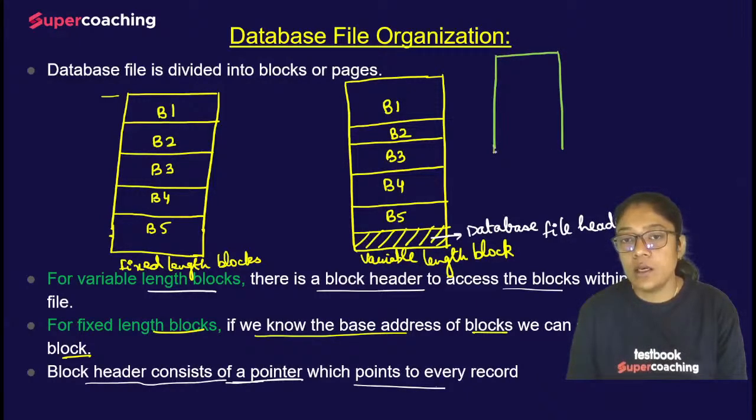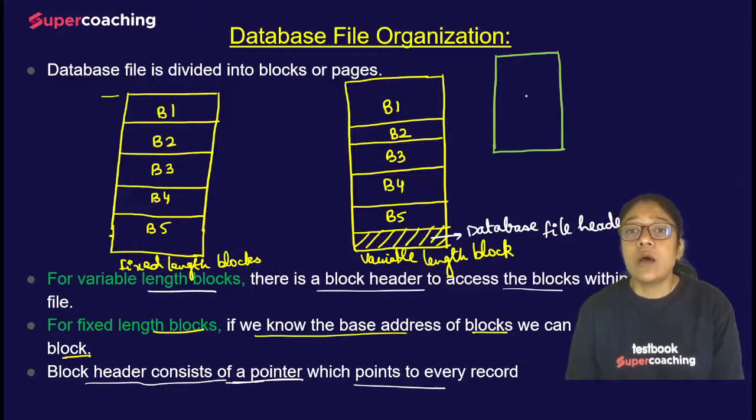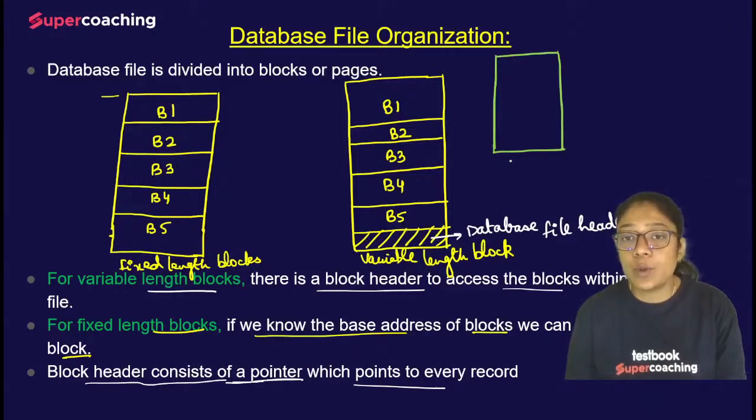This is one block. Now further, inside this block, record can be of fixed length or of variable length. For example, this is record 1, this is record 2, record 3, record 4. This is the fixed length records.